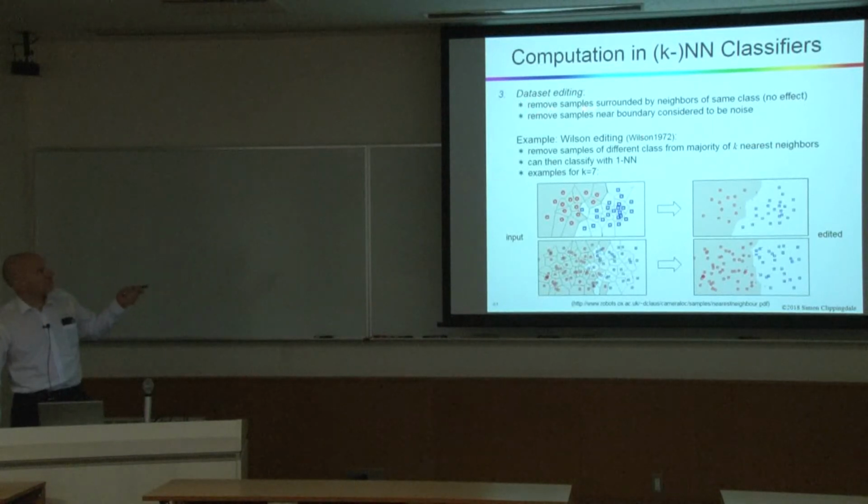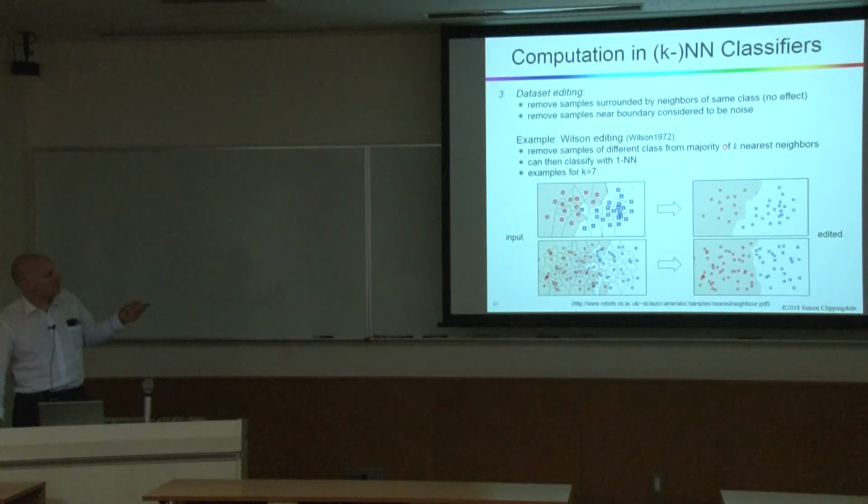You can remove samples that are surrounded by neighbours that have the same class because they make no difference. Another thing you can do is remove samples near the boundary which you consider to be noise for some reason. So here's some examples of that. Here's some examples for seven vectors included in the majority vote, a 7 nearest neighbour classifier.